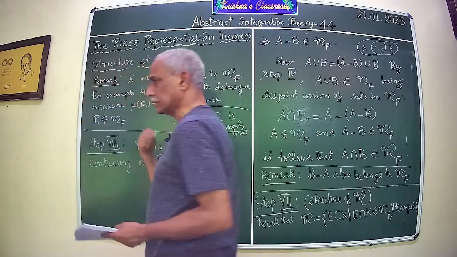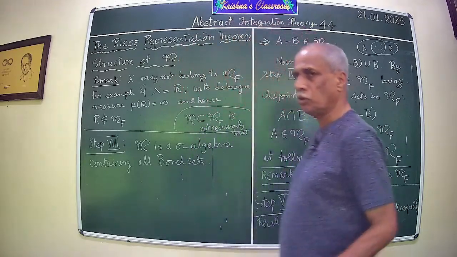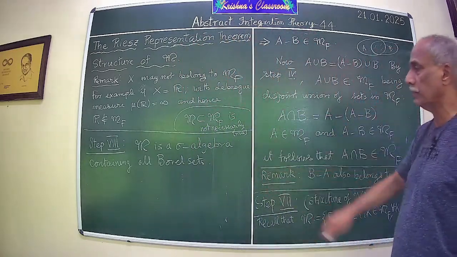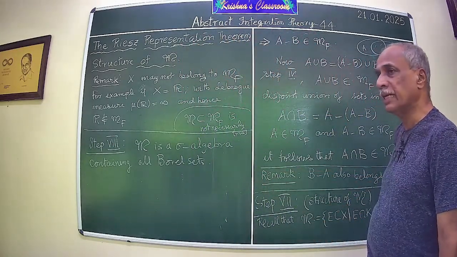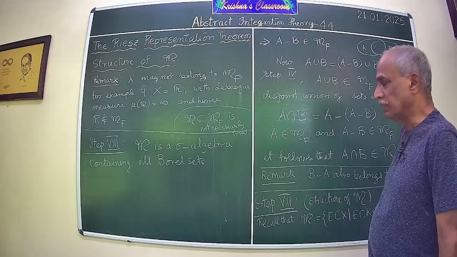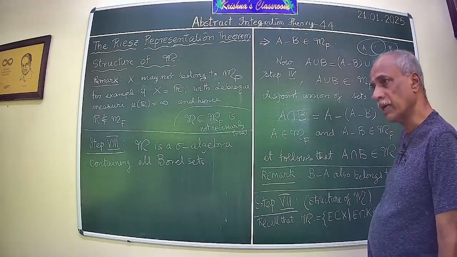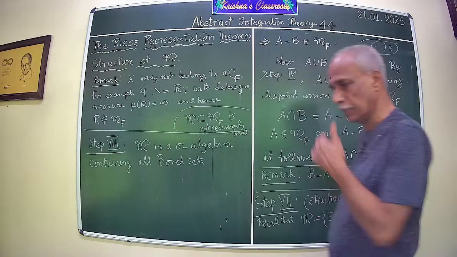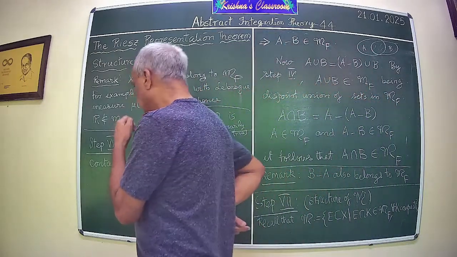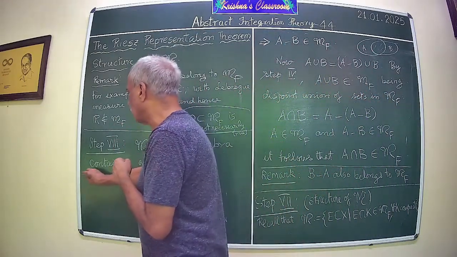So it takes care of all the open sets. Now you are assured that all open sets in X are measurable. Okay, it belongs to the sigma algebra. So it's a measurable set, right? So that's the important part.